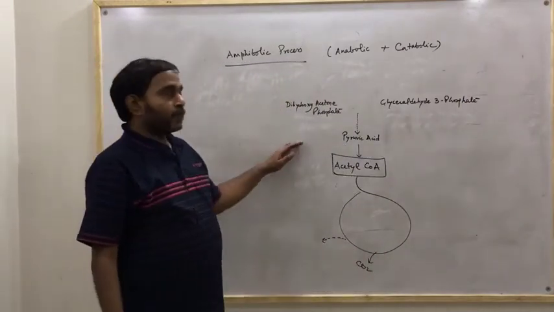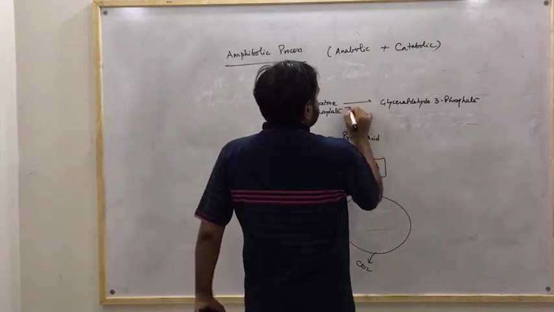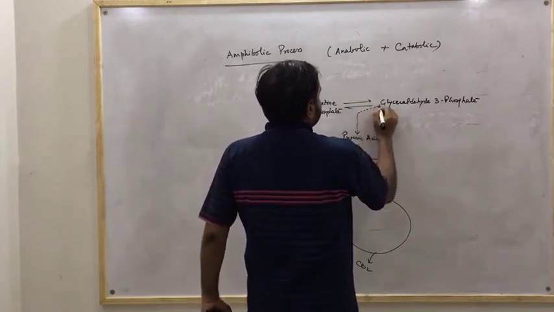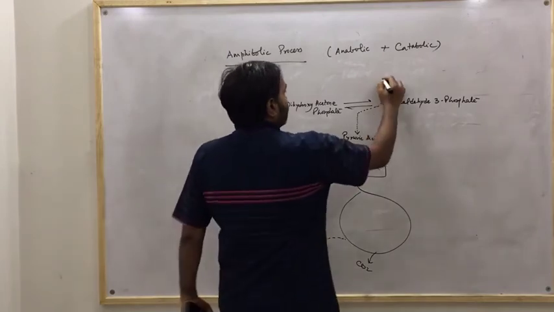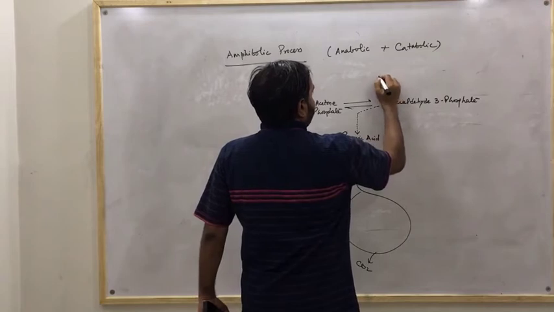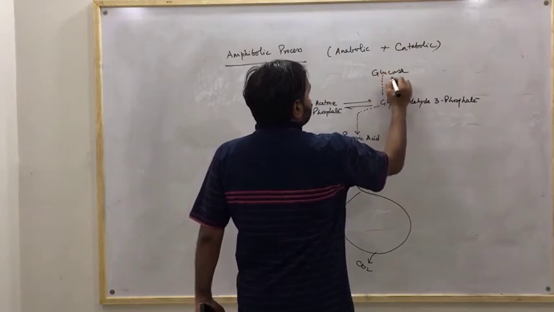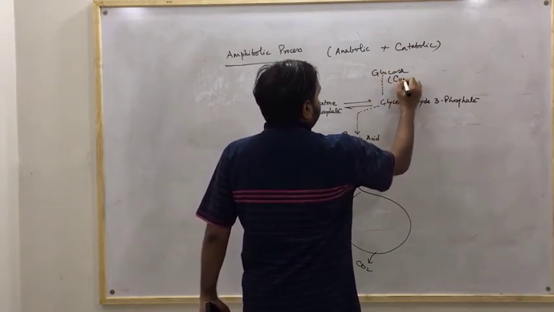So these two compounds are already formed, where the exchange is going on, and we have seen that the pathway starts from glucose, and that is a carbohydrate moiety.